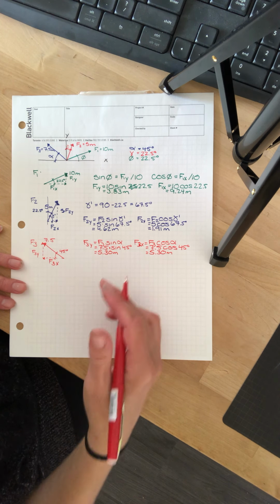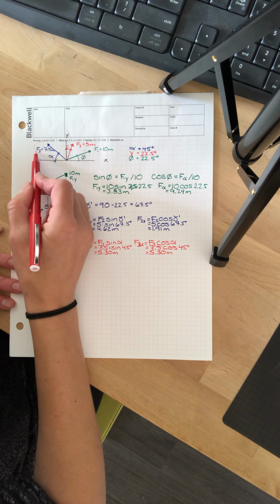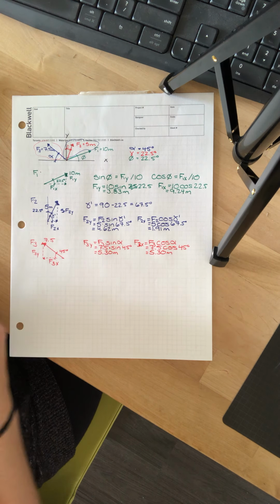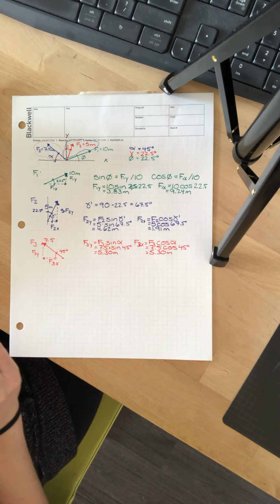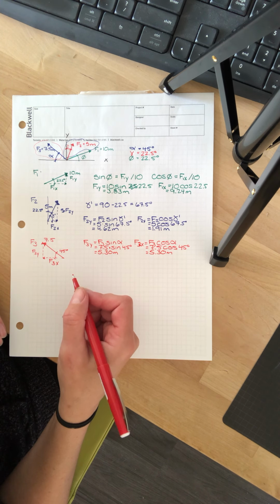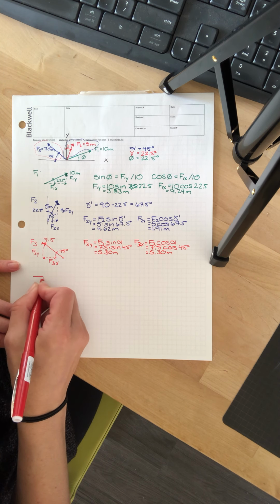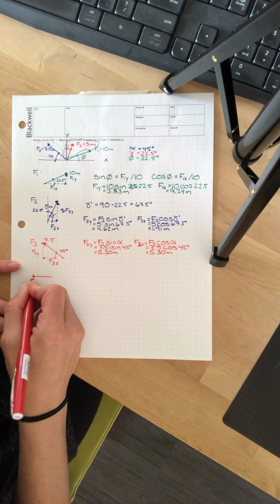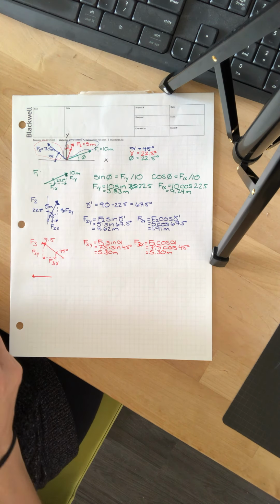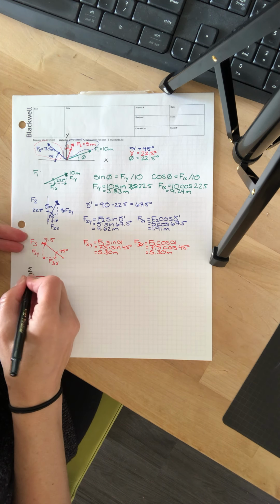Okay, so now we've broken everything down into its x and y components. Let's just note we did that one in red and that one in blue, which made it somewhat confusing. If we wanted, we could draw the tip to tail of all the x's and y's. We had this as 5.3, our F2x.